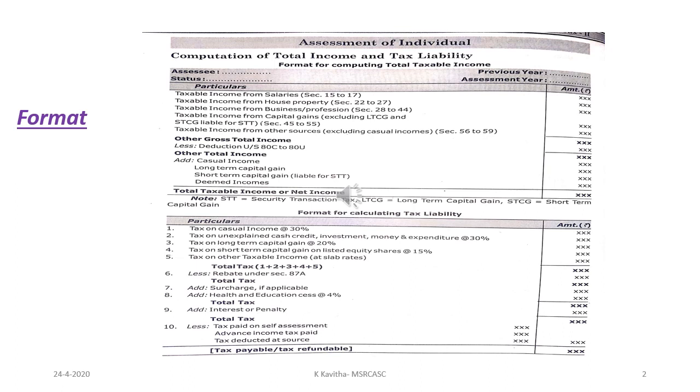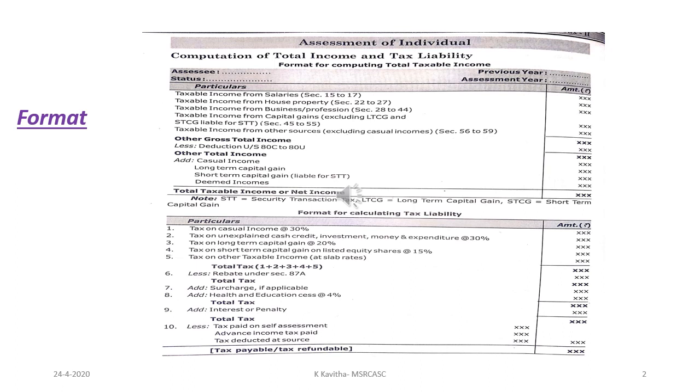And then let's look at the format for calculating tax liability. As I explained earlier, these 3 items, casual income, LTCG, STCG with STT, will attract a flat rate. That's why casual income is taxable at 30%, LTCG is taxable at 20% and STCG with STT is taxable at 15%.